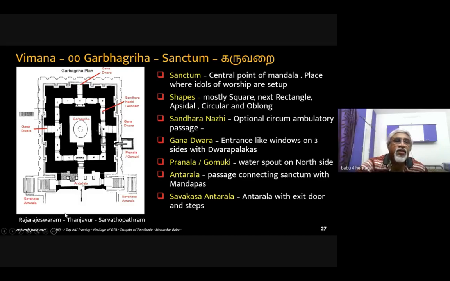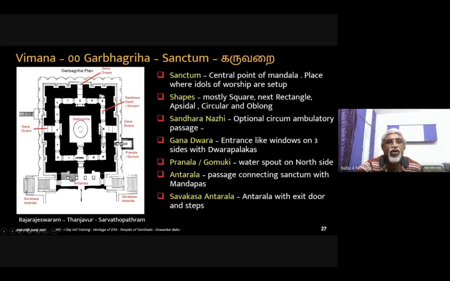The purpose is that instead of having one wall which takes the entire load of the Vimana, and particularly imagine a granite Vimana, there are two sets of wall which go up to a certain height and then join together so that the load of the Vimana is distributed in two places by adding more weight.